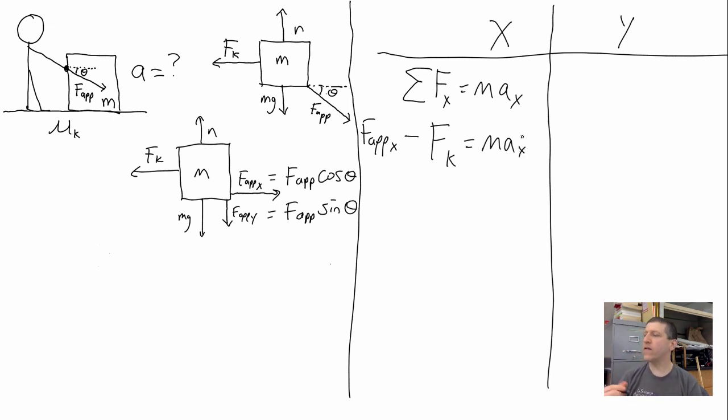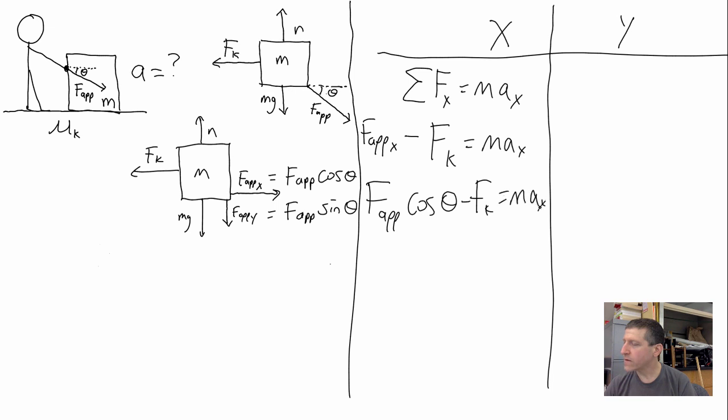The next step is to get even more specific. So F app x, what is that? That is F app cosine theta. F app cosine theta minus Fk equals max. So there is my equation in the x direction. Now I don't know what Fk is yet, so I'm going to have to come back and figure that out.